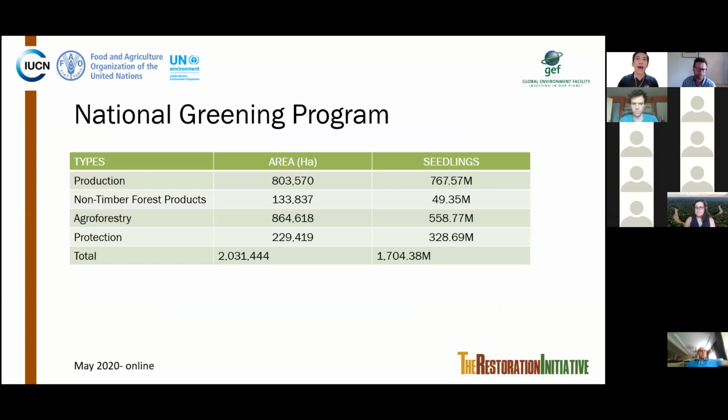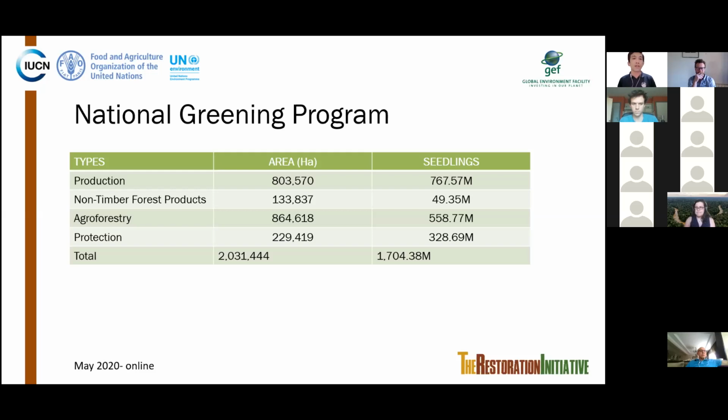Our main reforestation and rehabilitation program has been running since 2011, and it has a period until 2022. As you can see, we have five types of plantations that we develop under this program. Basically, the National Greening Program is a program of the government in order to rehabilitate and restore denuded and degraded forest lands in the country.